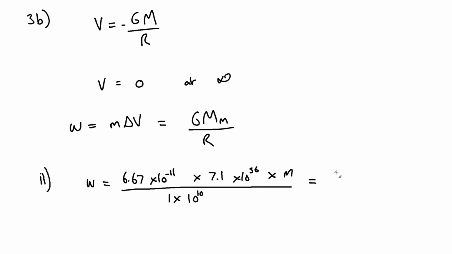That's got to equal kinetic energy, so basically the work done to move it from a distance of 1 times 10 to the 10 meters from the black hole to infinity will be given by this value. That work done, that increase in gravitational potential energy of this mass m, is going to have to come from the kinetic energy that it had originally. m appears in both formulas, so we can cancel that out.